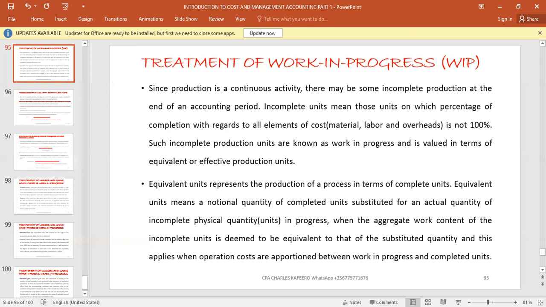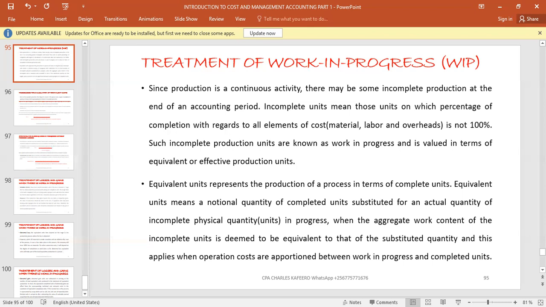And you may find that others are at a stage where they are supposed to be putting the covers or where they put the brands and other things. So when it happens like that, we need to compute what will be the cost of those items that are in the production process, but at a different level of production.